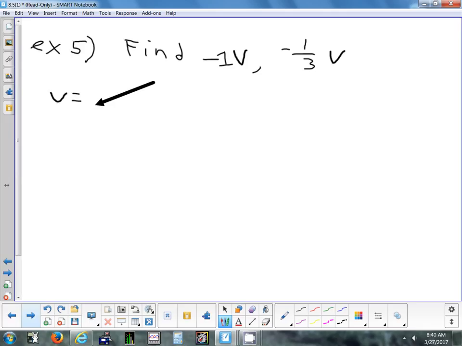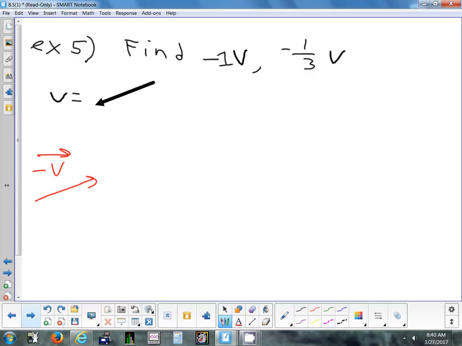All right, so negative 1v. Okay, it's just like what we did earlier. It's like negative v. So I'm just going to estimate it. So that's negative v, same magnitude, just points in the opposite direction. That's all.